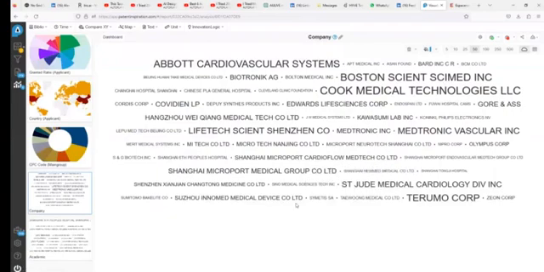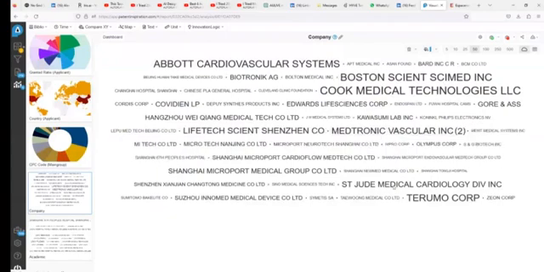For example, if you see Medtronic here and Medtronic Vascular there, and you say, oh, these are actually the same company, you can just drag and drop it, and you have Medtronic here, the two in one. You see how we have in a word cloud the top 50 shown, but you can go to 100, 200, 250, 500 if you want to, or you can have a list view if you want to.